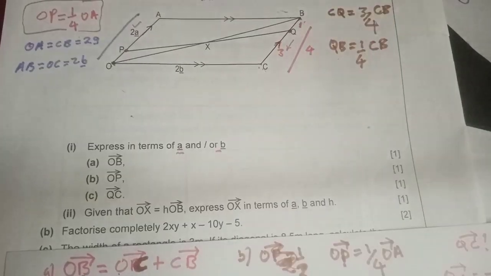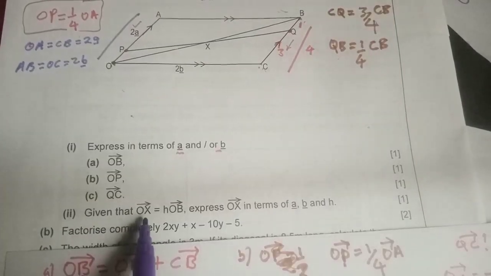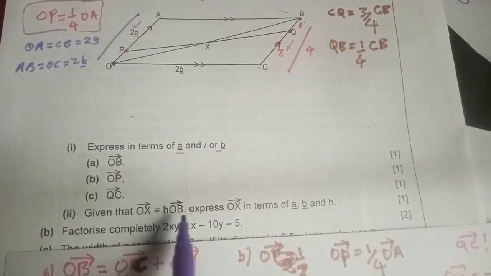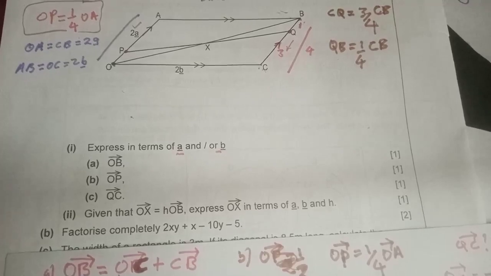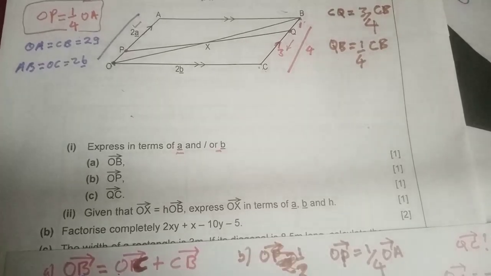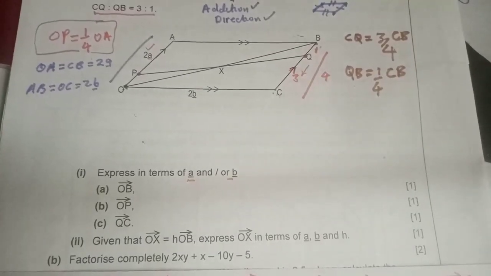So the last question here says, given that OX is equal to H OB, express OX in terms of A, B, and H. Let's look at OX first.